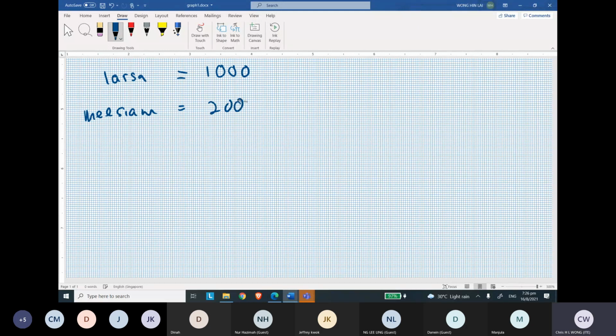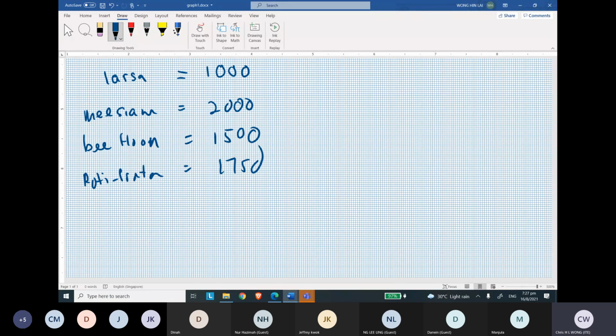And then I have Bee Hoon, I have 1,500 people. These represent numbers of people. And then I have the last kind of food, roti prata, we have 1,750 people. So these are the numbers of people. So I ask you to do a representation of such people.